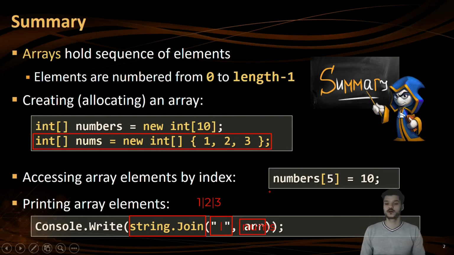So that's the best way to print an array in one line without using for loops and stuff like that.